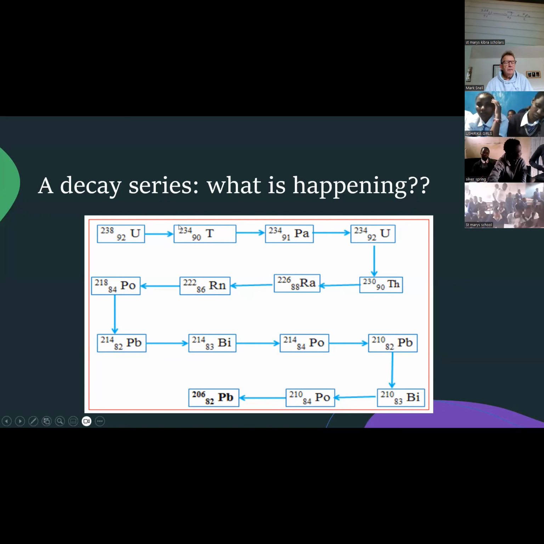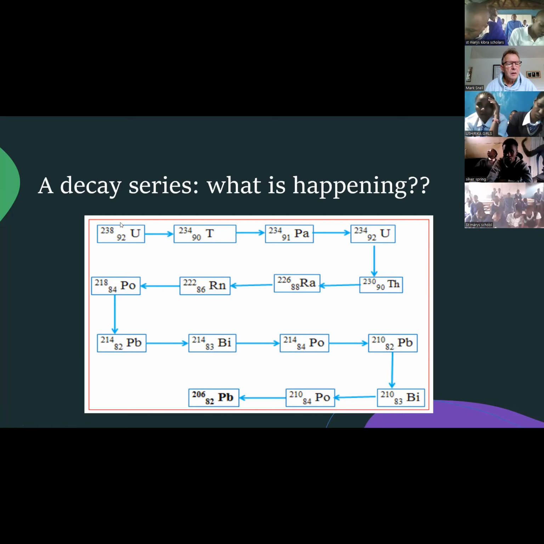Now, the 4-2 should be what? What should the 4-2 be? You're right that U turns into TH and it's a 4-2, but what should the 4-2 be?